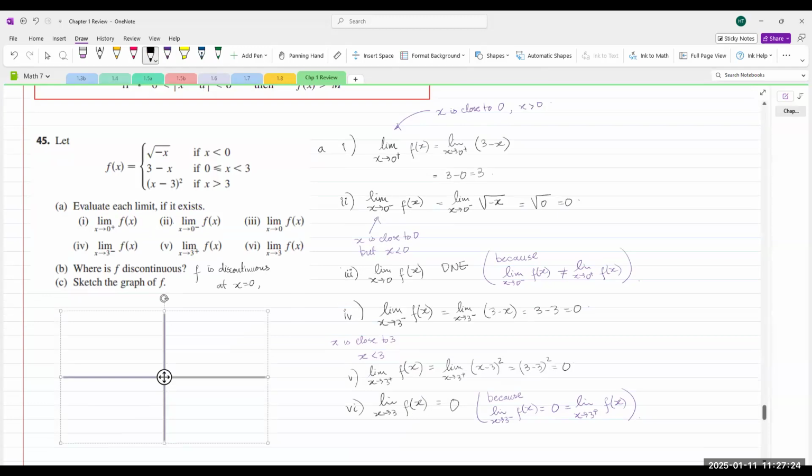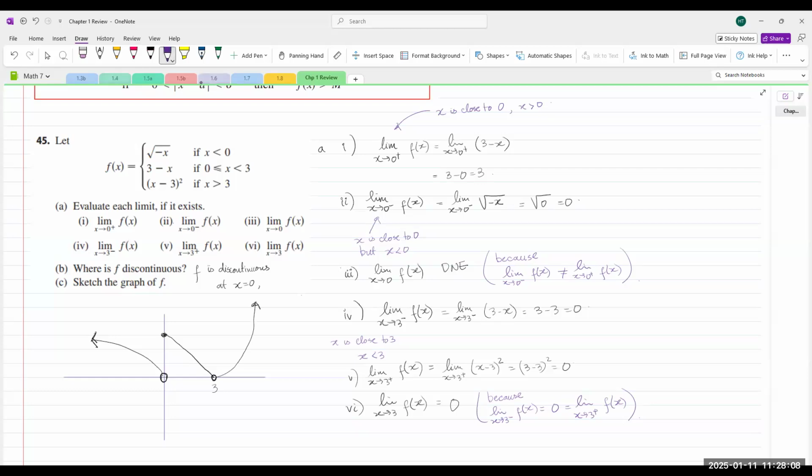On the left hand side, we get square root of negative x, not including 0. Okay, that's square root of negative x. 3 minus x, y-intercept is 3, the slope is negative 1, so it goes down like this. And then the third piece is (x minus 3) squared when x is greater than 3. (x minus 3) squared is x squared moved 3 units to the right, so it will be like this.